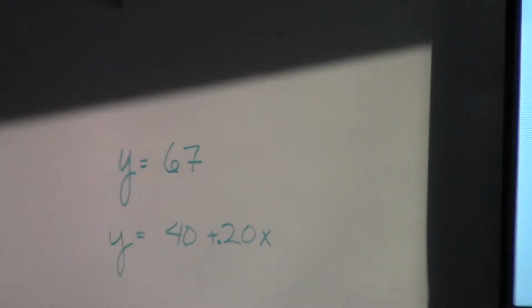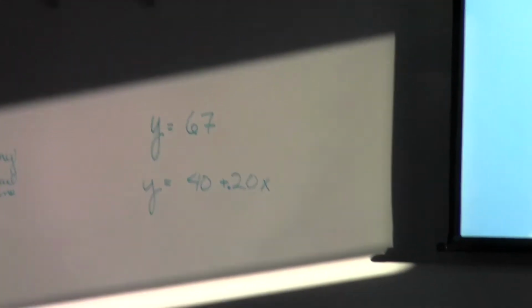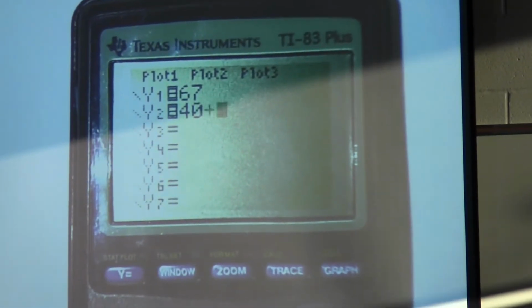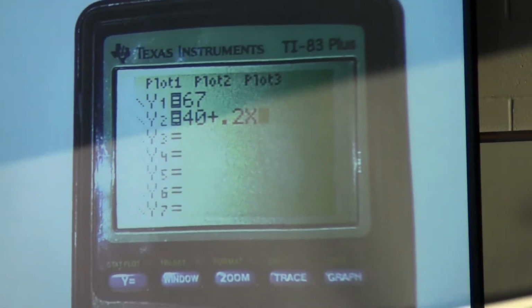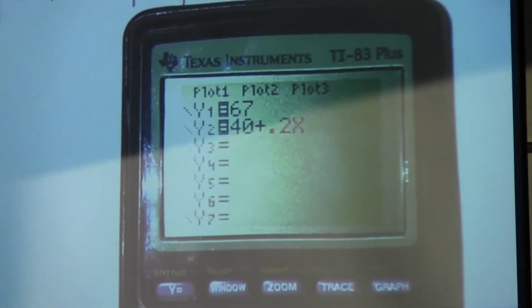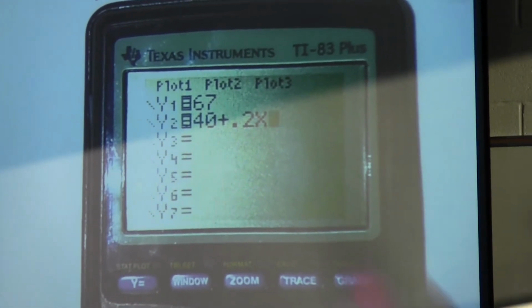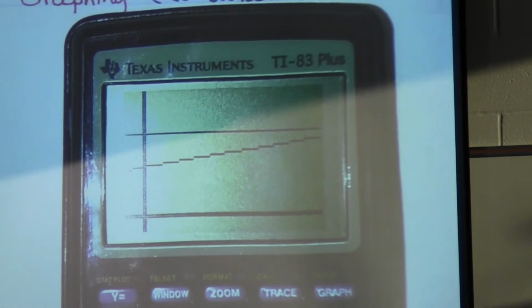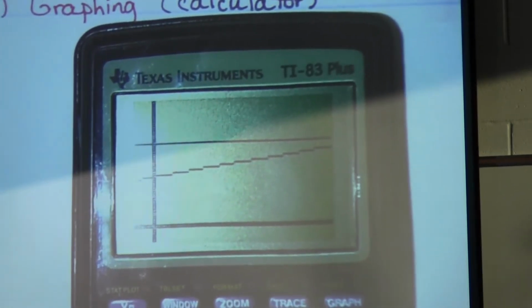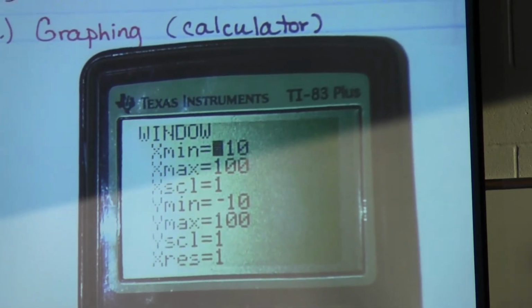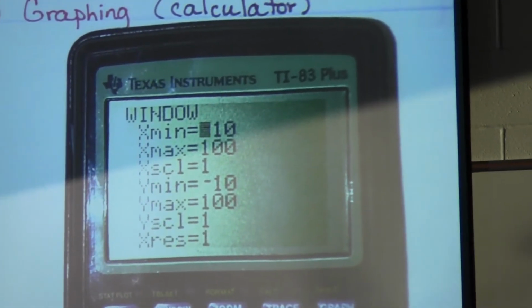Okay? Then we're going to go back in. We're going to enter our other line. So 40 plus 0.2x. And it looks like they're going to connect, right? What did you change your window for the X to? Right now it's 100, but we're going to have to change it again.